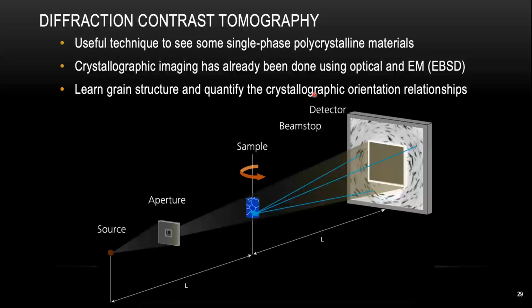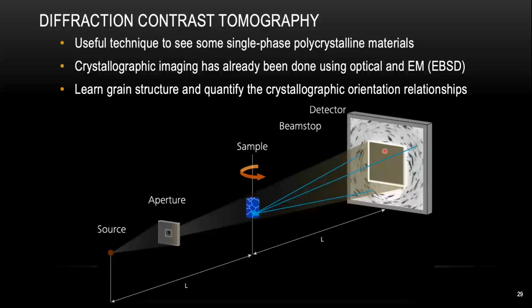So what we're going to do is, inside a normal regular micro-CT machine, implement another aperture in the X-ray probe. You're also going to implement another beam stop before the signal goes to the detector. What the beam stop does is increase your dynamic range for the diffraction detection.